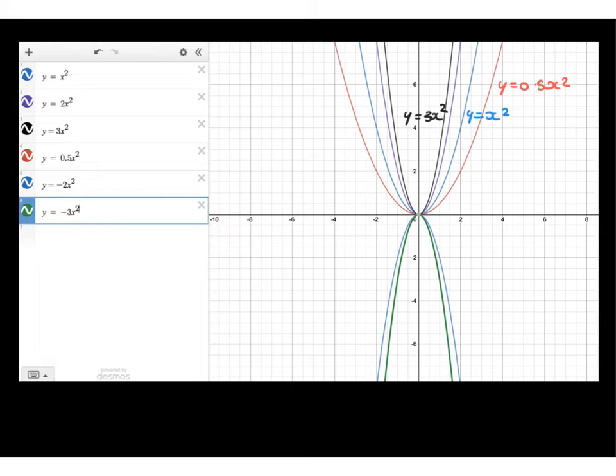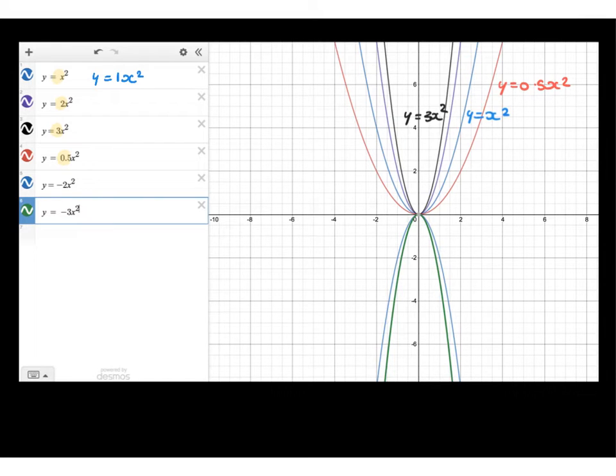We'll focus on these 3 to begin with. So you were asked to explore, using Desmos, the effect of changing the number in front of x squared. Now, in the first graph, y equals x squared, you could describe that as y equals 1x squared, except of course we don't write that 1 as a multiplier in algebraic notation.